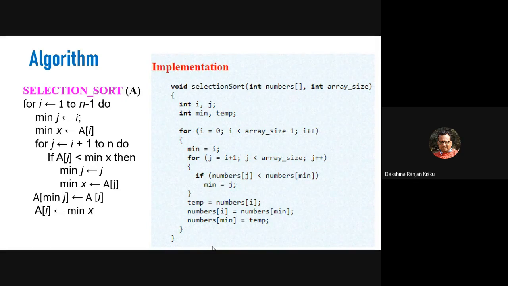But if we go for the original order, that is not the ascending order or the descending order, then that original order of the array elements which is to be sorted will not make it very sensitive. That means selection sort will not be very sensitive on the original order of the array elements. Therefore, selection sort will be sensitive only when the elements are in reverse order or descending order.